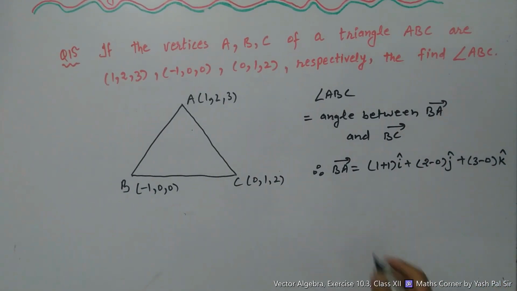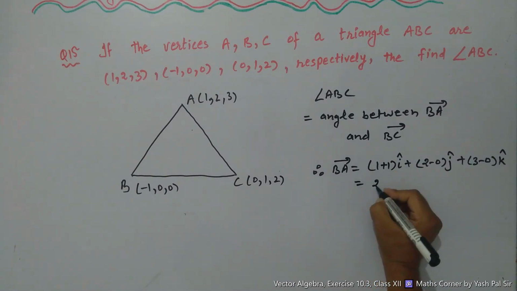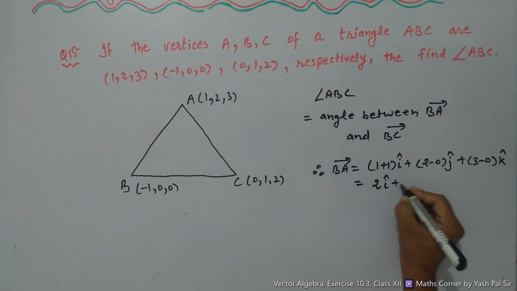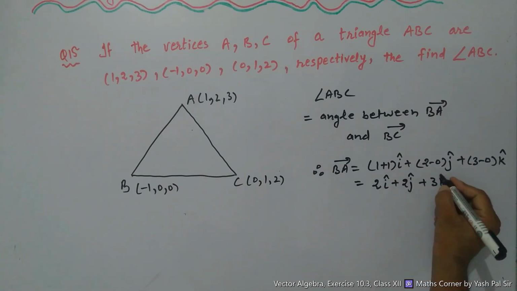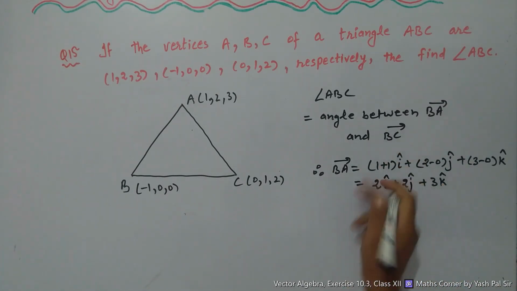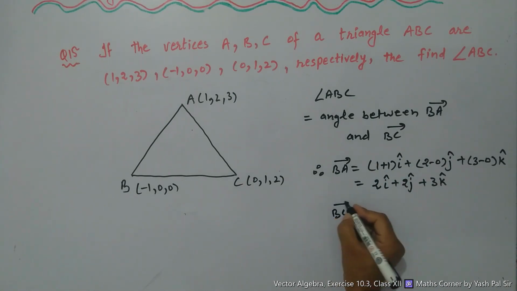This becomes 2i plus 2j plus 3k. Similarly, we have to find BC.